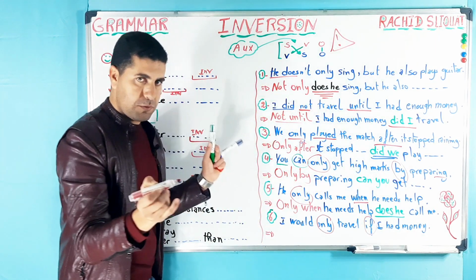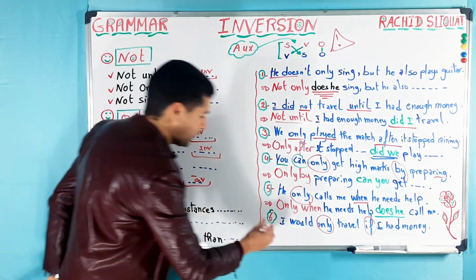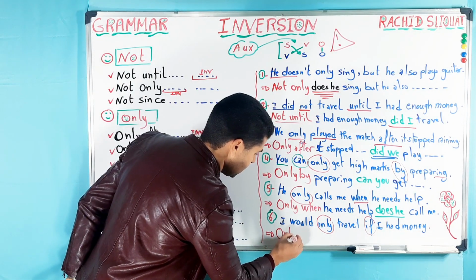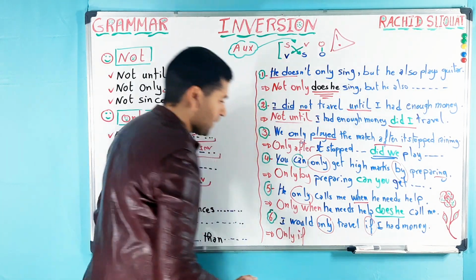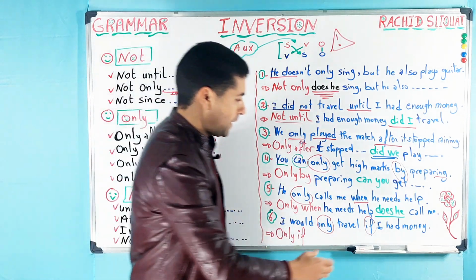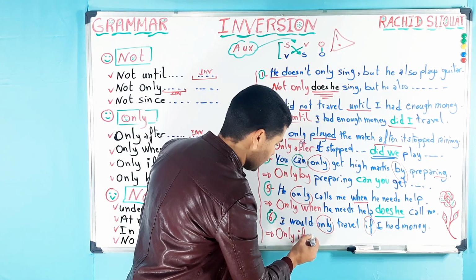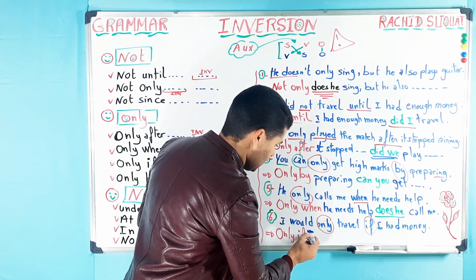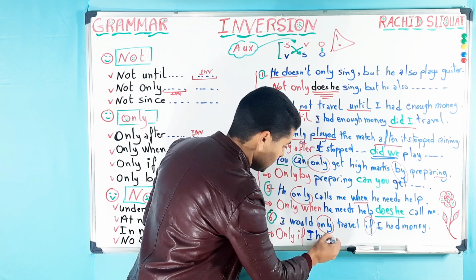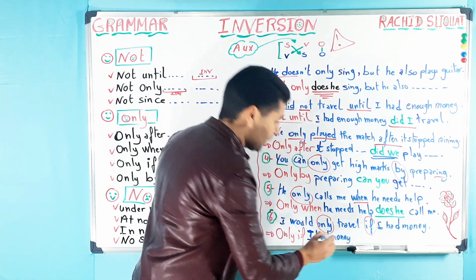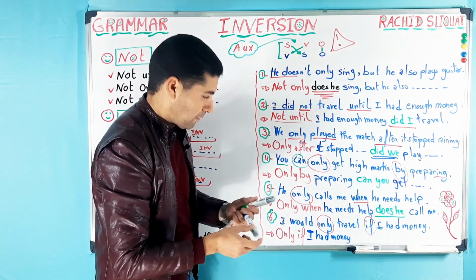All right, so the expression is very simply only if. Only if I had money. If I had money, this is clause number 1. Only if I had money.